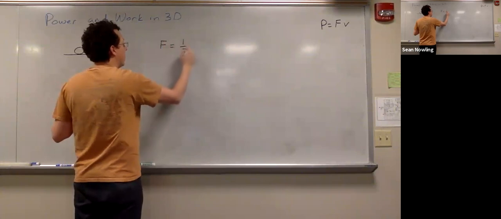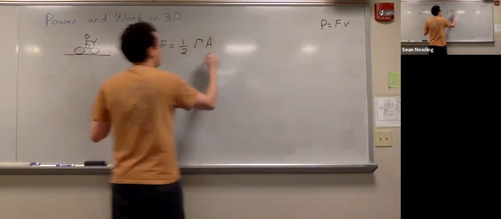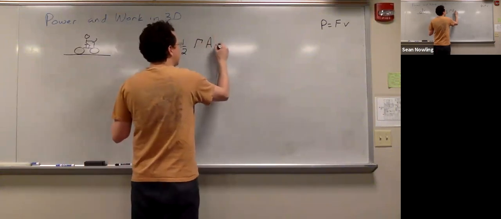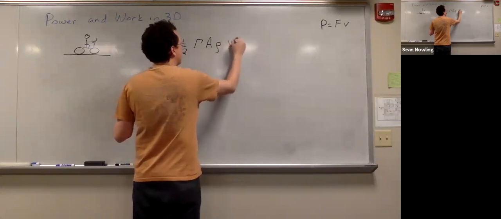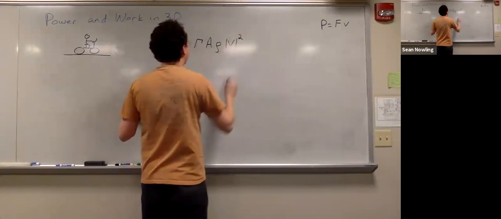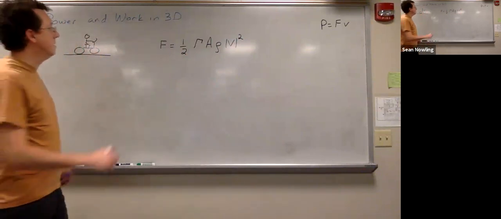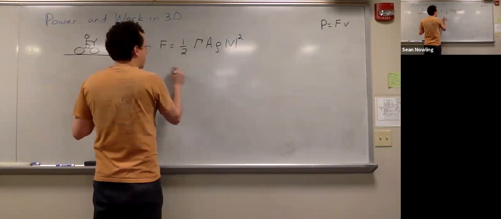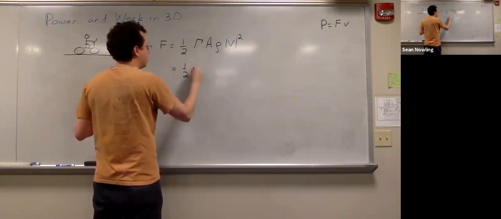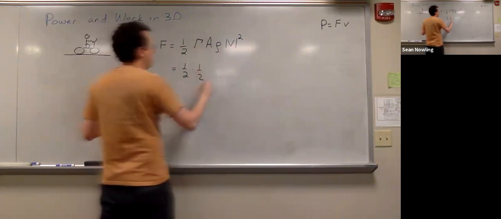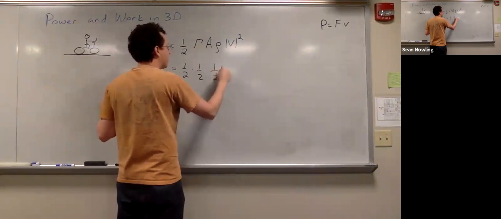Remember, that was 1/2 gamma times the area times the density, rho, times the velocity or the speed squared. I think I have all the little pieces there. Now, as is typical, we can take gamma to be about 1/2. Let's go ahead and assume that the cross-sectional area of you and your bike is about 1/2 meter squared.